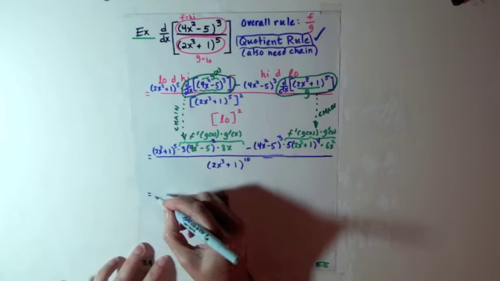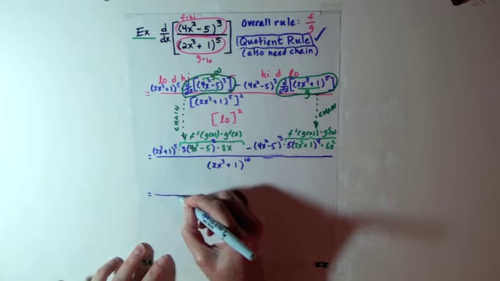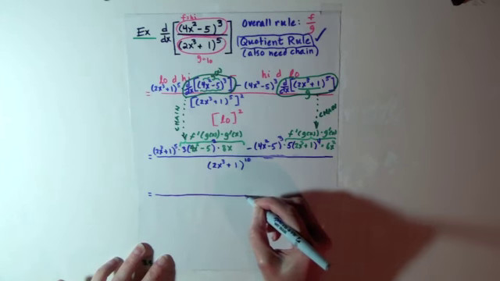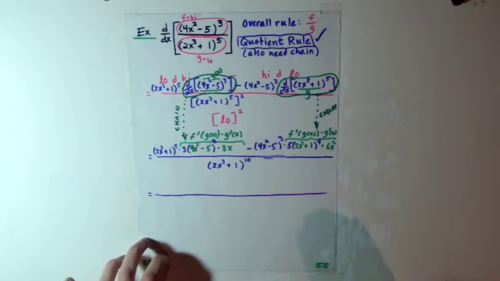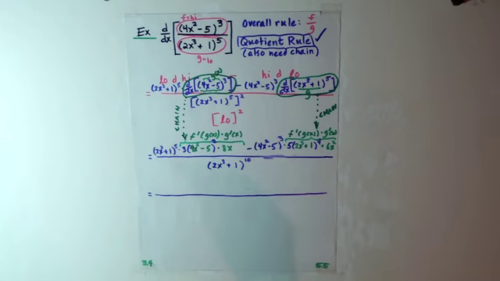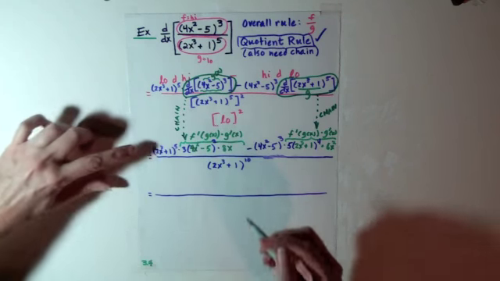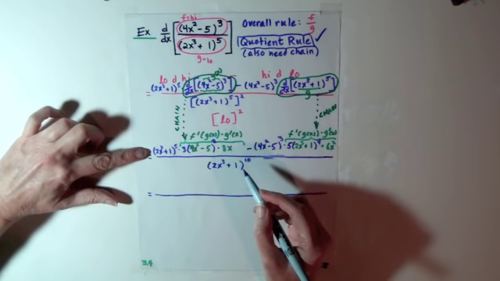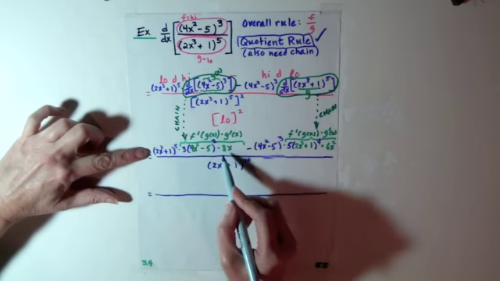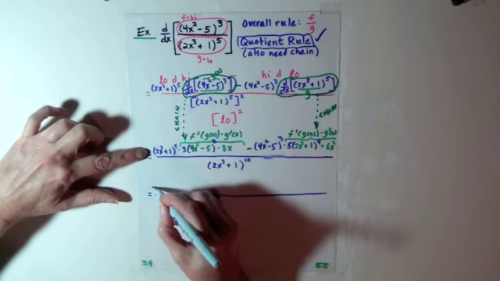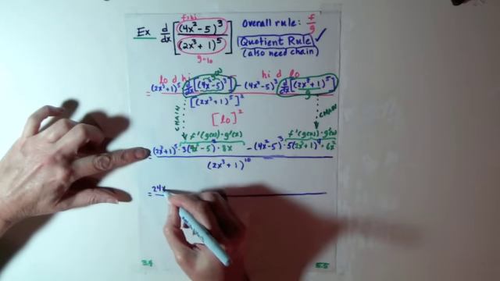You might be tempted to want to multiply everything out in the numerator and combine like terms, but that would be a very difficult way to simplify this expression. So I'm going to show you an easier way to use your algebra skills to simplify it. Well, let me put the smaller factors to the front. I have a 3 times 8x, so I'm going to put a 24x here.